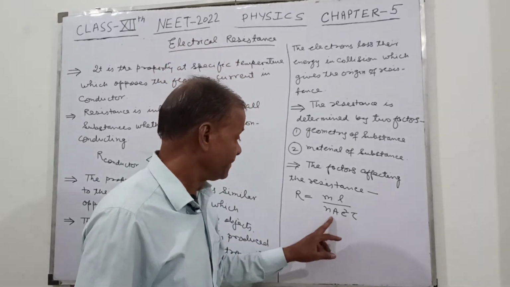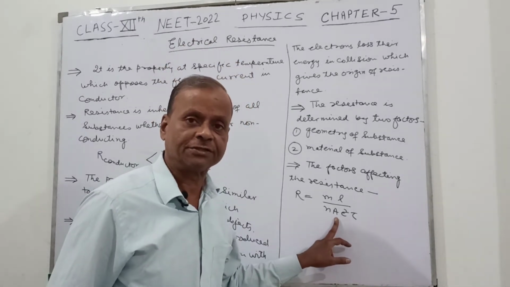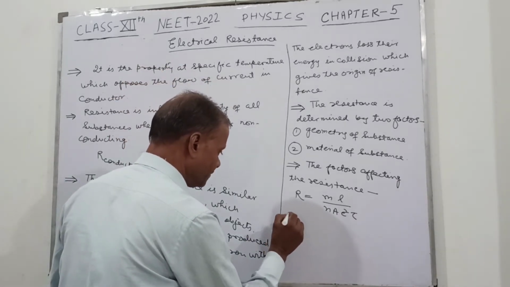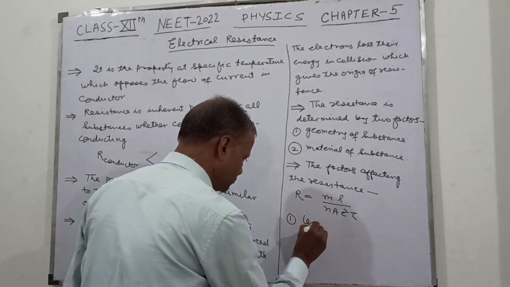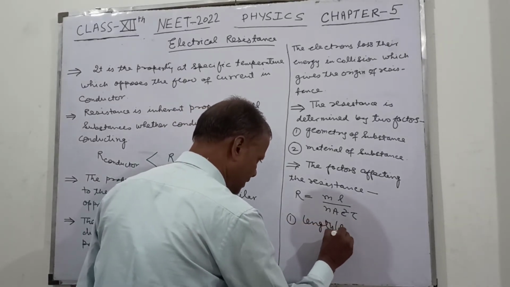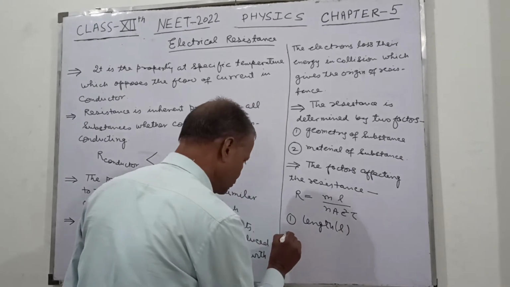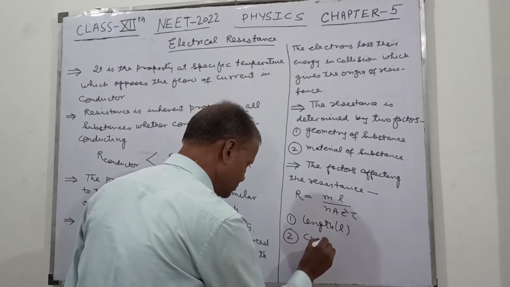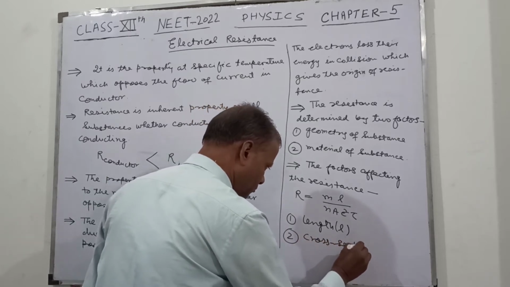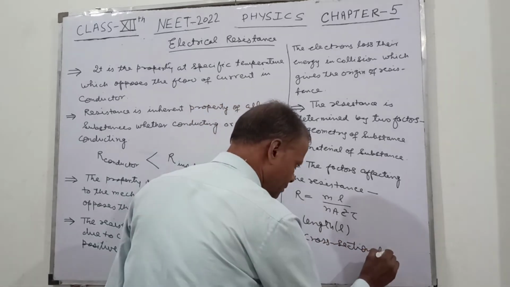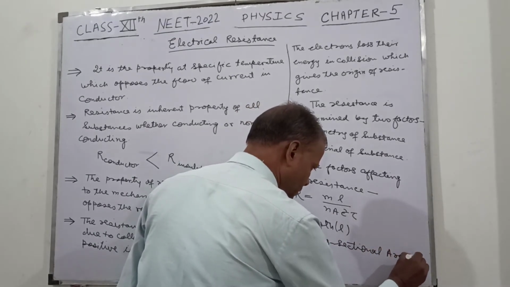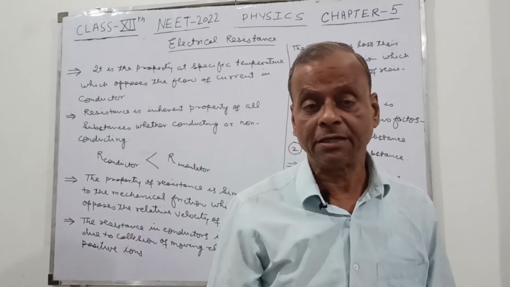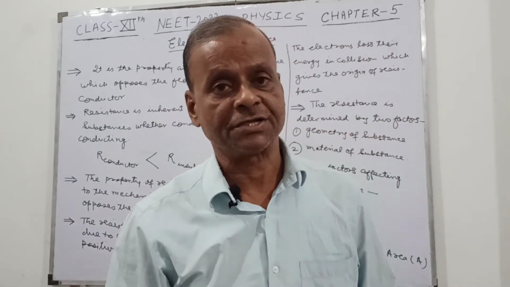And moreover, the area of cross section. So number one, length L; number two, cross-sectional area A. Larger the area, less is the resistance.